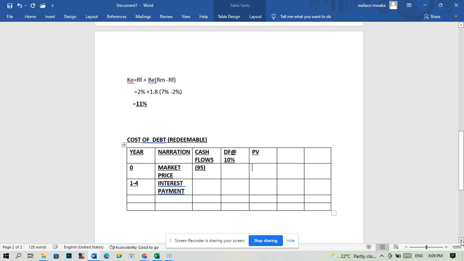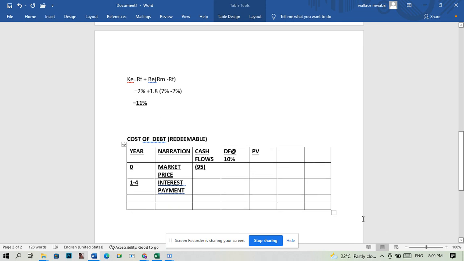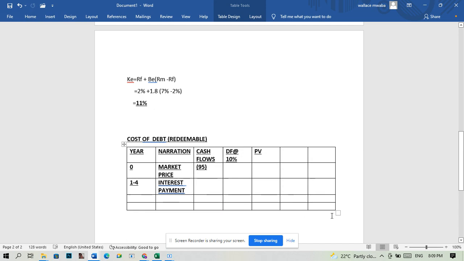To calculate it, we're going to say interest payment after tax is the interest rate times the par value.